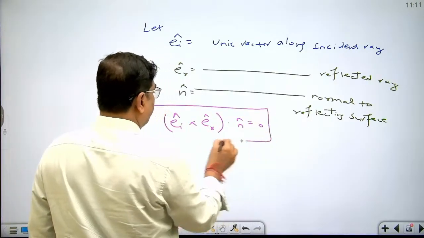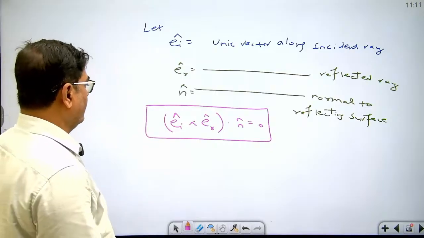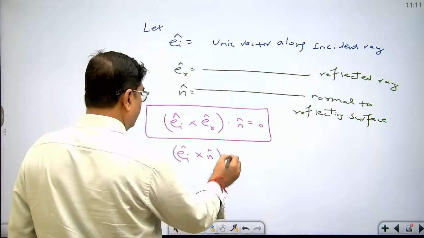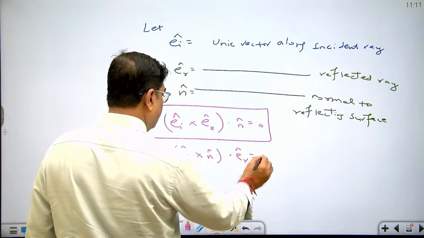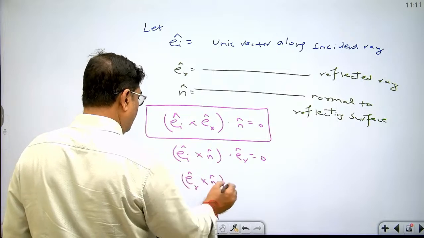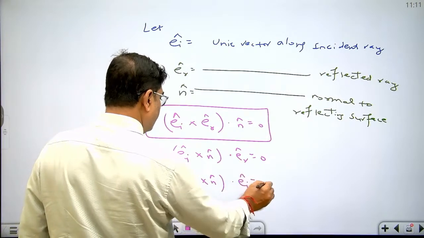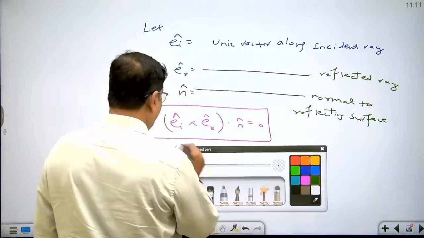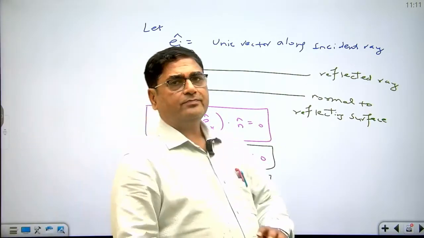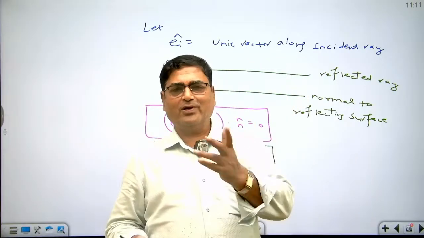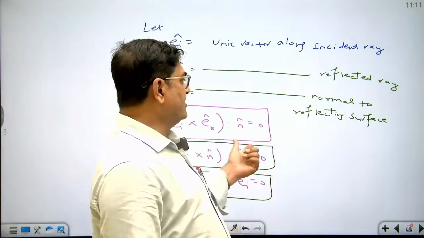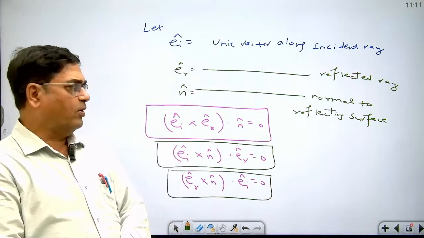EI cap cross N cap dot ER cap equals 0, or ER cap cross N cap dot EI cap equals 0. Then the vectors will be coplanar to each other.